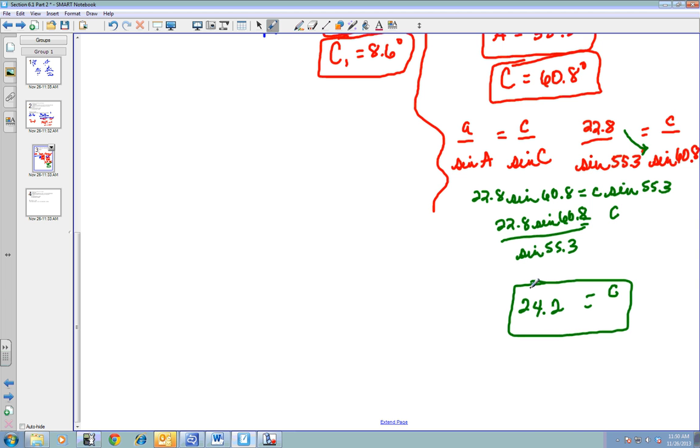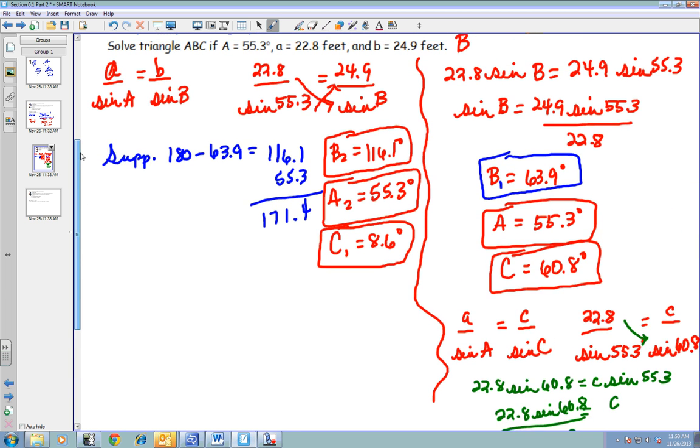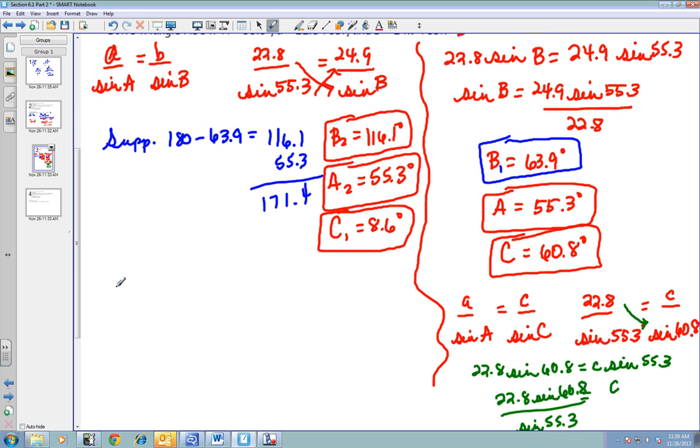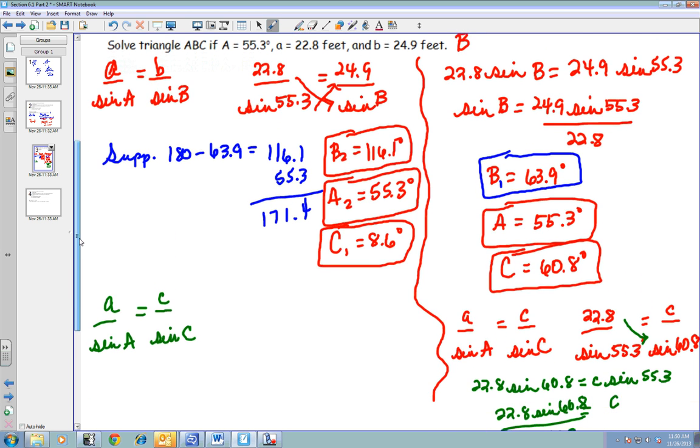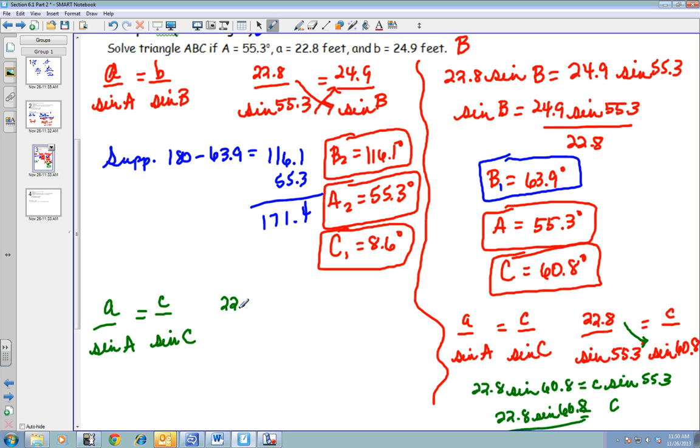Now we have to find side C for my other triangle. Again, I'm using A over sine A equals C over sine C, and I'm going to get a different answer because my angle C's were different. A in this problem is still 22.8. So 22.8 over sine of 55.3 equals C over the sine of 8.6.